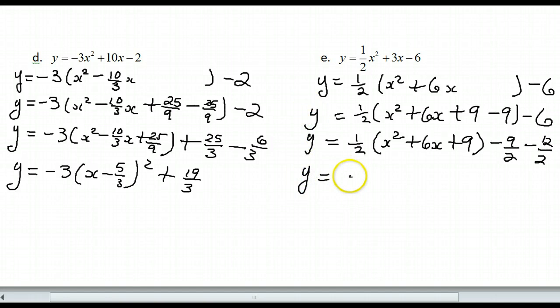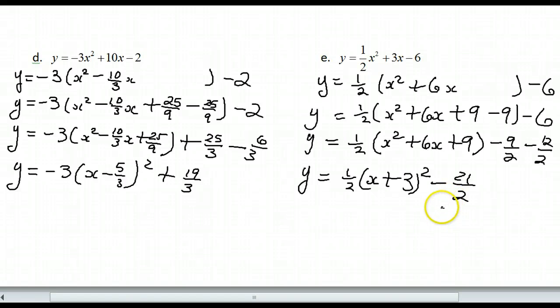Y equals 1/2 x plus, half of 6, 3. Squared. Okay, we're not actually factoring here. We know what the factorization is going to be. Minus 21/2. So this is the alternative method of completing the square in order to convert from standard form to vertex form. You may use whichever one you like.